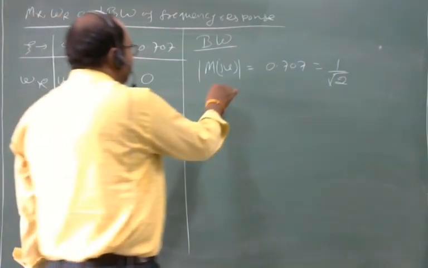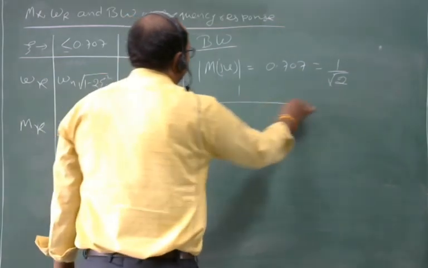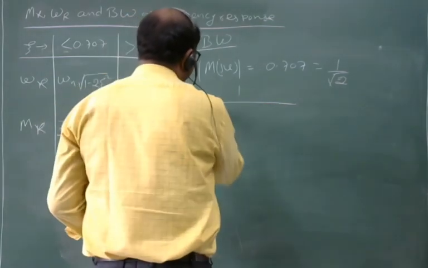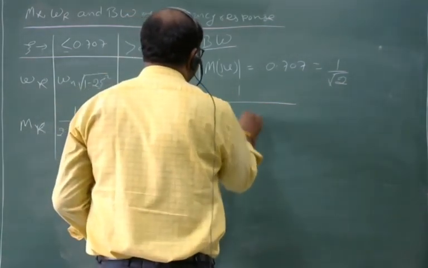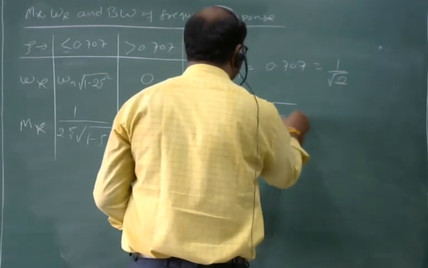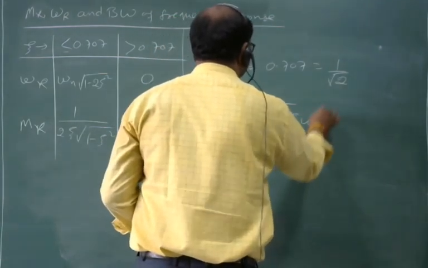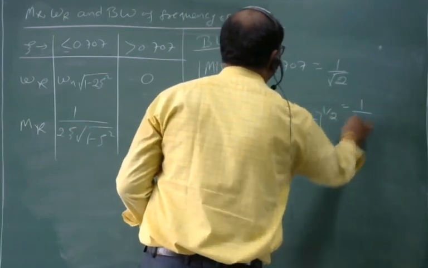So on solving, 1 over 1 minus u square whole square plus 2 zeta u square, power 1 by 2, is equal to 1 by root 2.